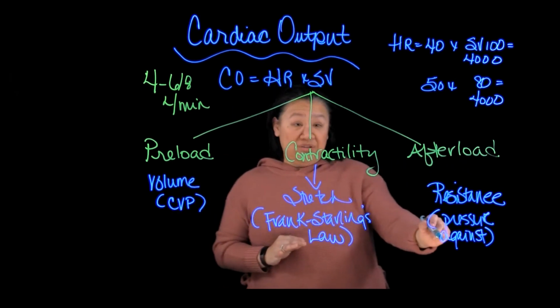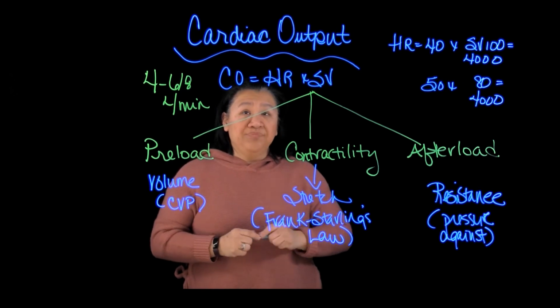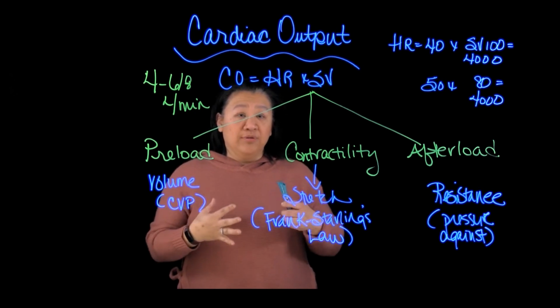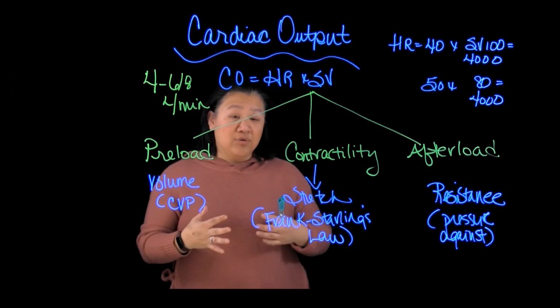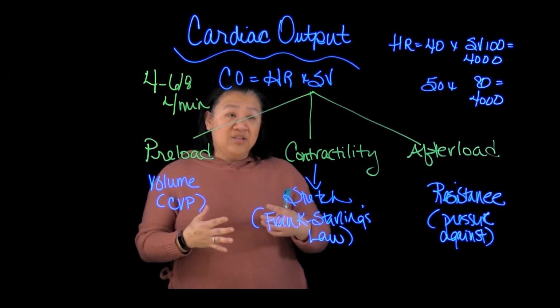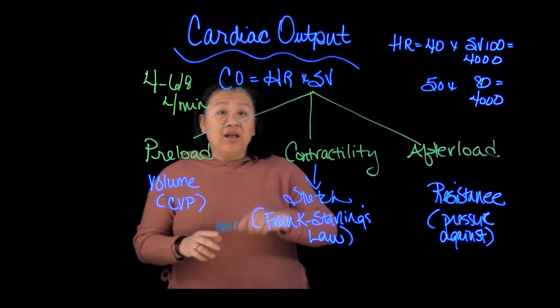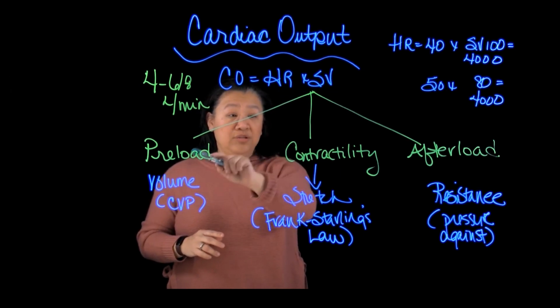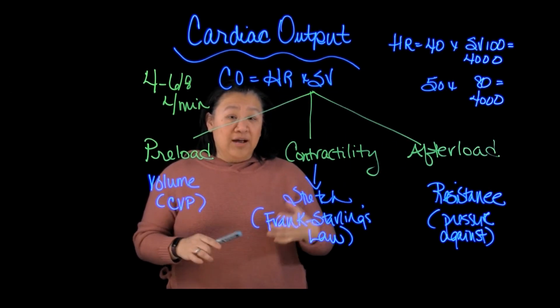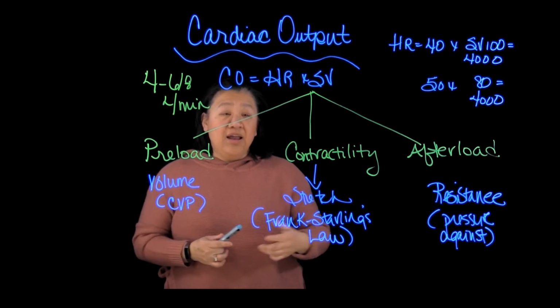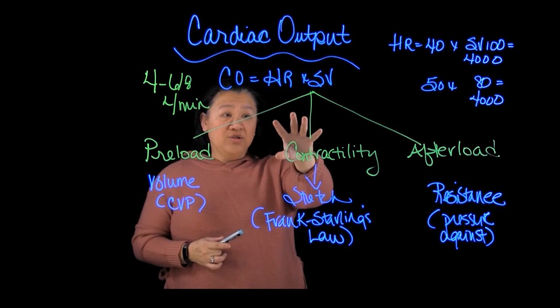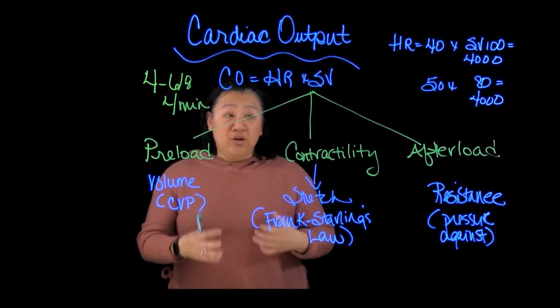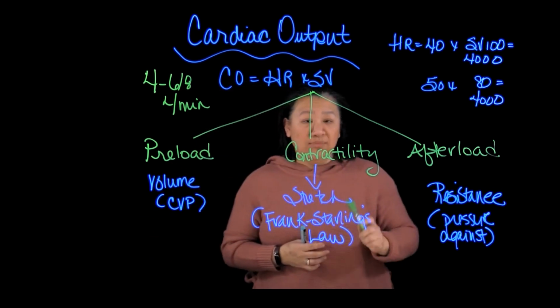Now, to illustrate how flexible your body can be and how it keeps a homeostatic balance: your cardiac output is heart rate times stroke volume, which includes these three components. When the body is trying to compensate, it has to adjust certain components. I've given you some numbers to play with.